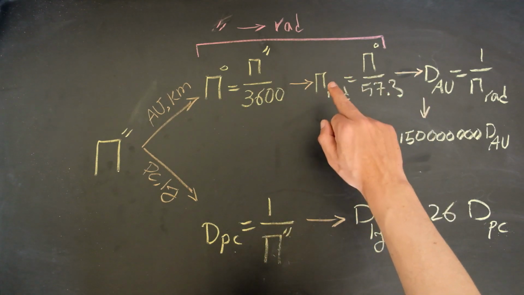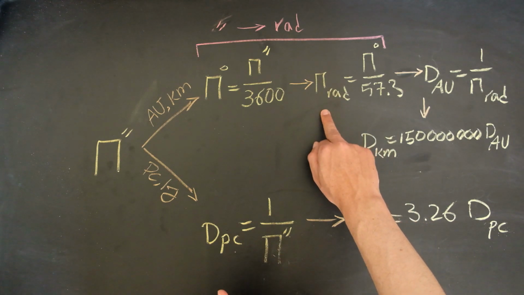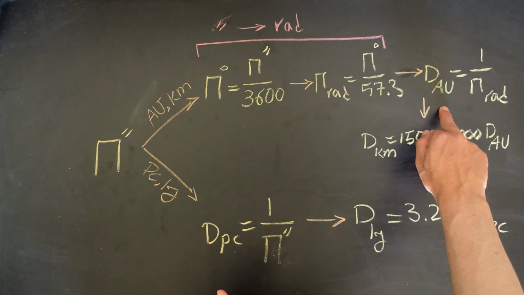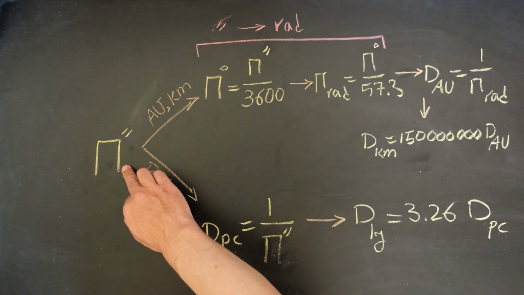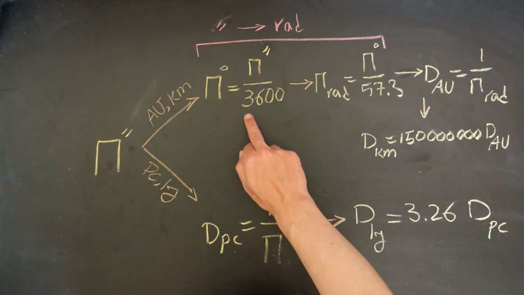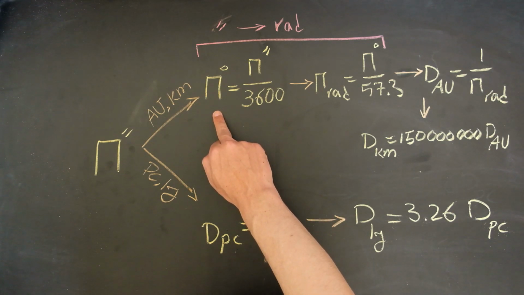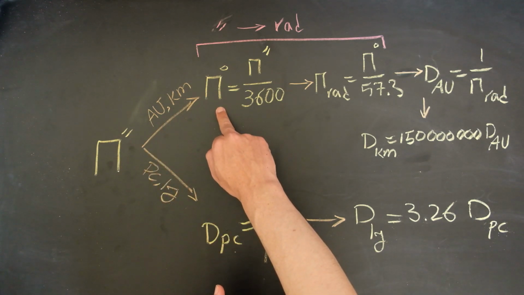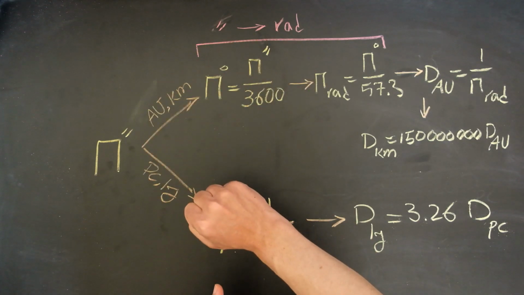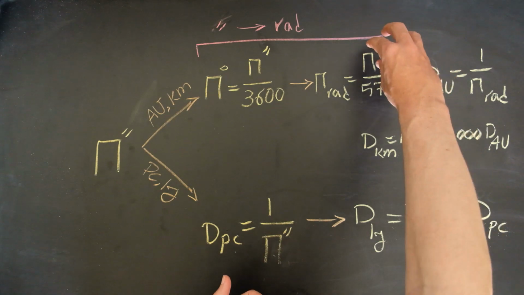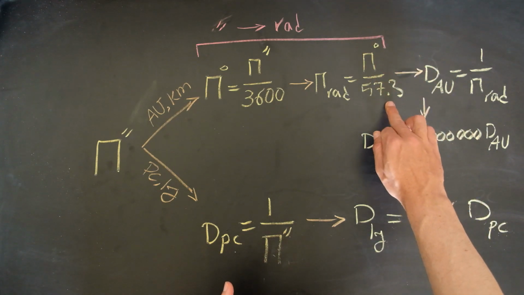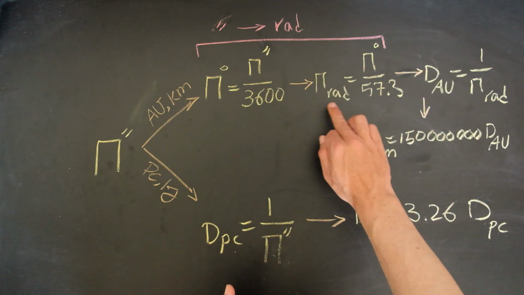And finally, you can use this parallax in radian to get this distance. So you take that number in arc second, divide by 3600, and you get parallax angle in degrees, which is a very small number. Because remember, arc second is a very small unit. Then you have this number in degrees, take that number and divide by 57.3, and you get parallax angle in radian.